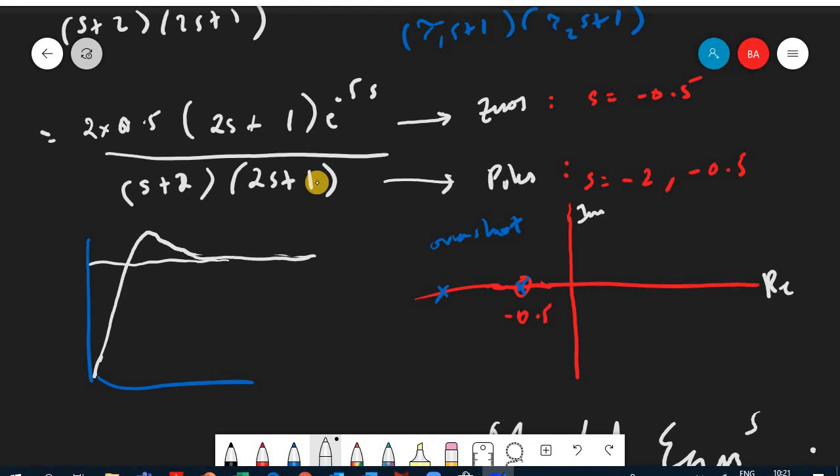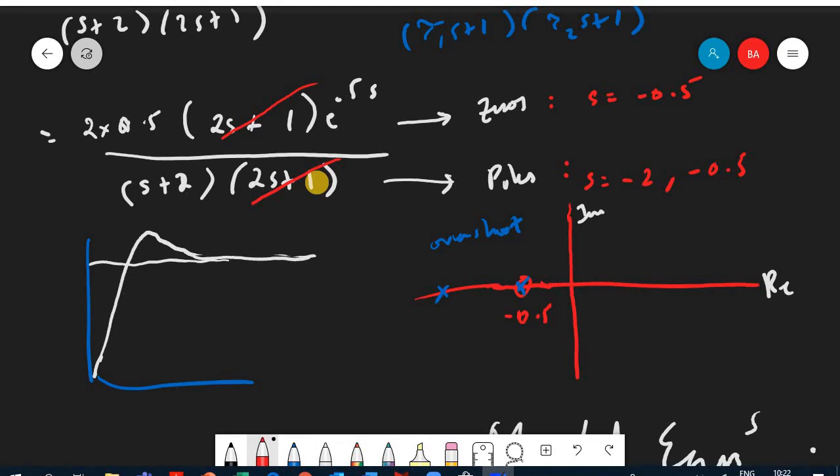Well, there's something as well which sometimes happens for control purposes, but we always advise not to do it, where you cancel a pole and a zero.